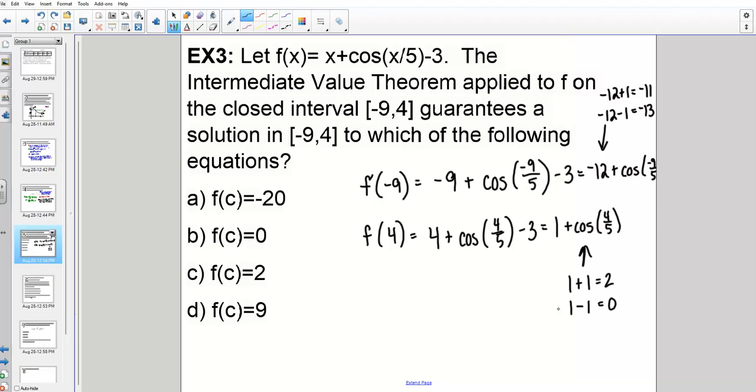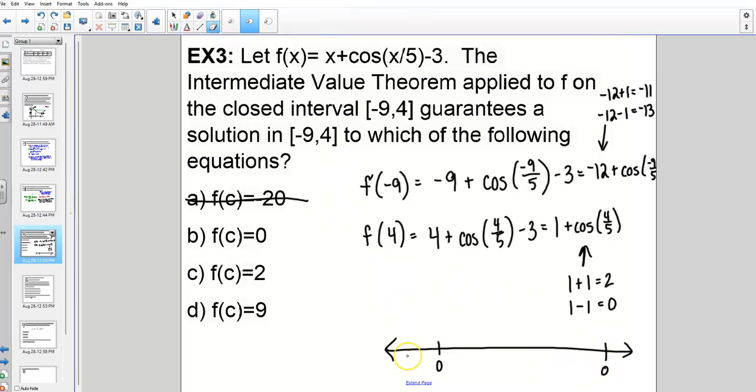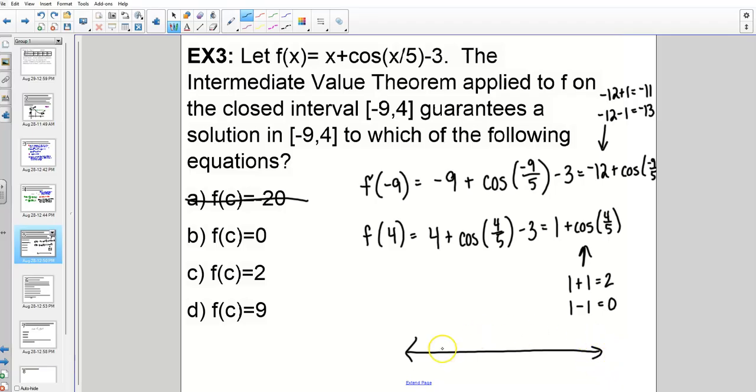Now, which ones can I definitely rule out from this? Okay, if we think about the number line, like, here is negative 13, there's negative 11, here's 0, here's 2.